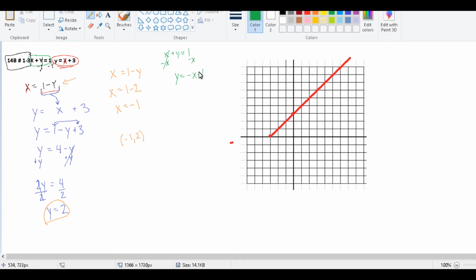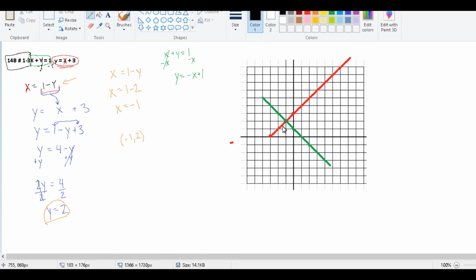Now we can see that positive 1 is our y-intercept, and our slope is negative 1. So down 1, forward 1, down 1, forward 1. Or we can go up and backwards, up and backwards. We draw that line through here.